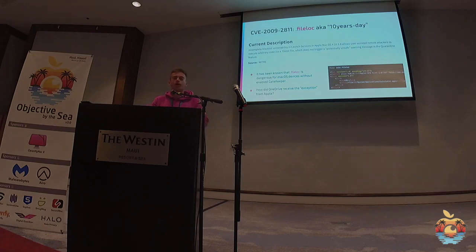Actually, the fileloc file is a 10-year-old vulnerability because it was found in 2009. And it was known that fileloc is dangerous for macOS devices without Gatekeeper enabled. At that time, Gatekeeper was still in development.